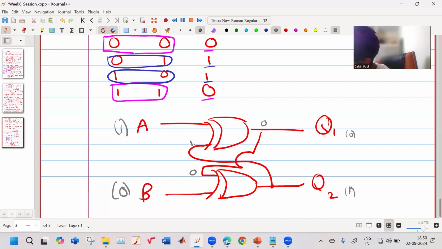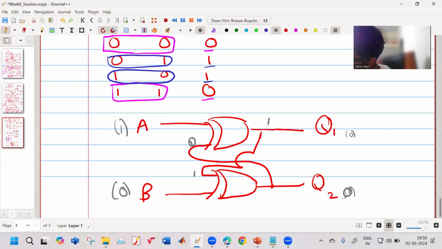0 and 0 are the same, so your Q2 should become 0. This will become 0. And this becomes 0. 0 and 1 comes, so this will become 1, right? And when this is 1, this will become 1.